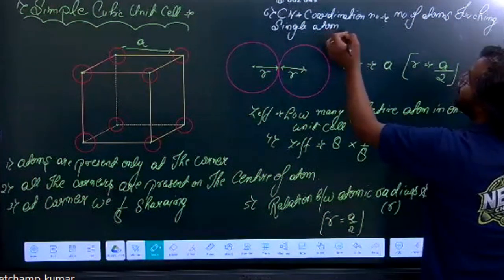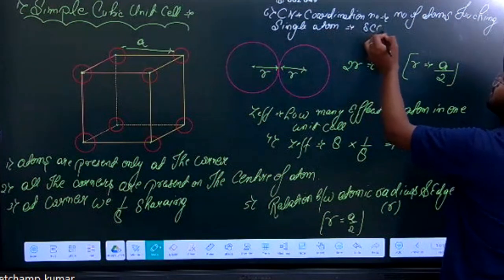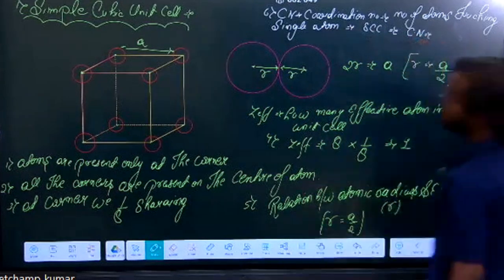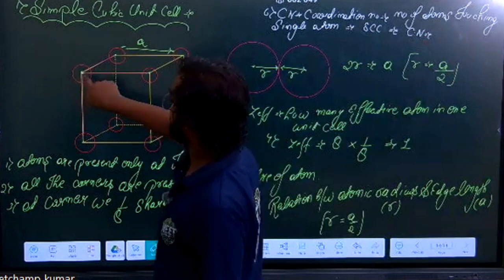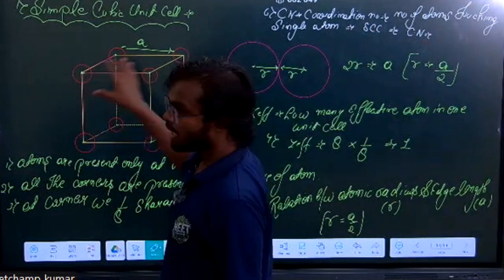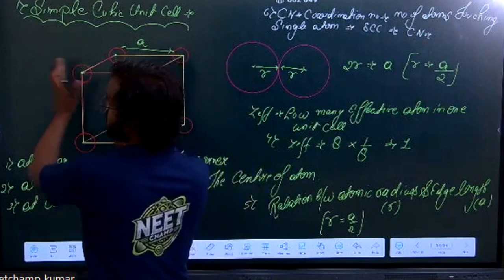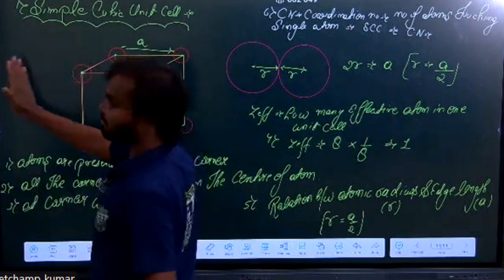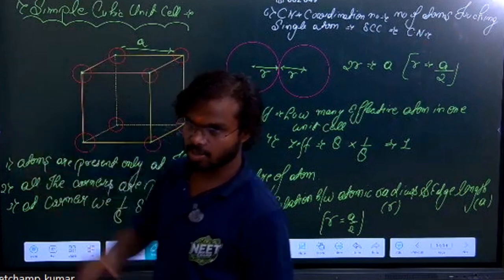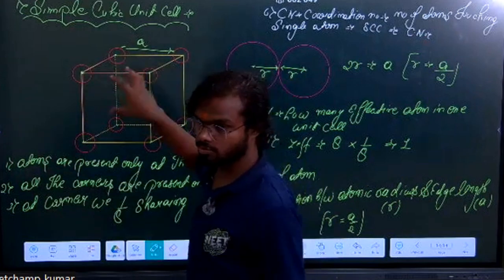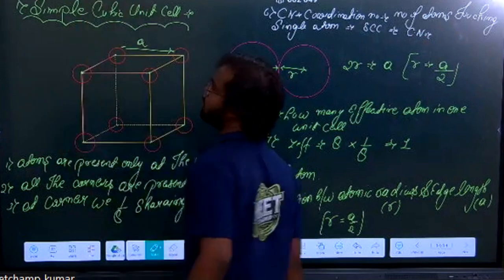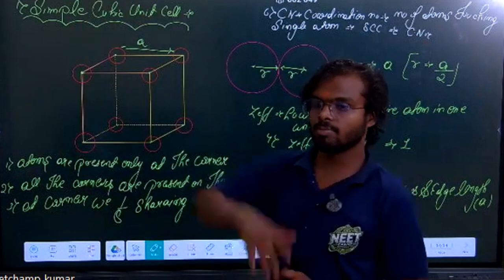So for simple cubic unit cell, what is the coordination number? If you see, this atom is touched by this atom, this atom, this atom, and similarly this is going to repeat here, above also, below also, right? Are you getting my point? I have shown you a single one, but there will be repetition, because it's a unit cell, so it is going to repeat itself.